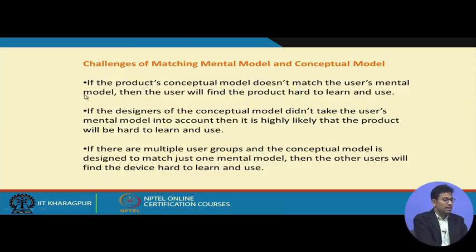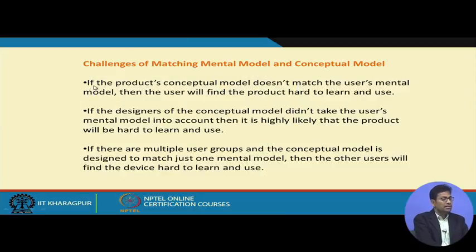It is pretty easy to understand how this discrepancy might occur. So, whenever you are designing, always pay attention to the mental model of the users, what kind of mental model they are equipped with, and what the conceptual model is presenting, and hence you can mitigate some of these challenges. But nevertheless, you should always remember what the challenges are.